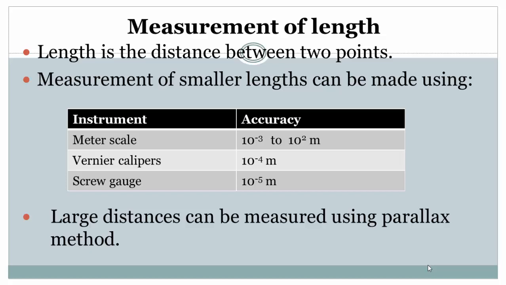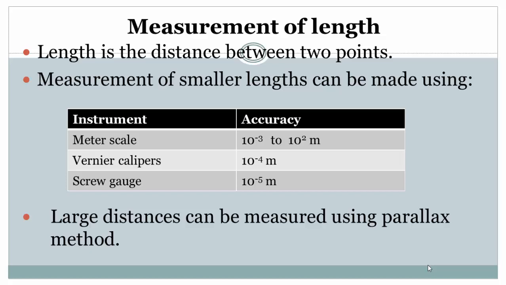Now let us see the measurement of length. Length is the distance between 2 points. Here we have categorized length into measurement of smaller lengths and measurement of larger distances. Firstly, measurement of smaller lengths can be made using the instruments meter scale, vernier calipers and screw gauge with their accuracies.